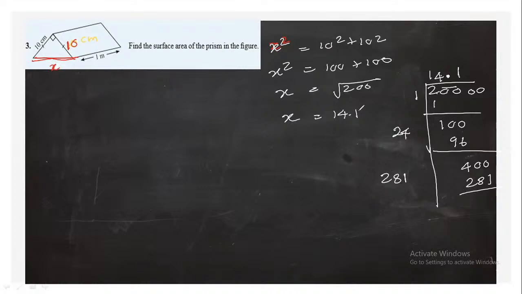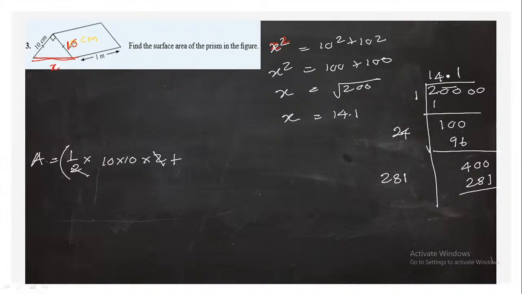14.1. Now we can find the total surface area of this. Total surface area equals half into 10 into 10. There are two triangular parts. Plus, I am not removing the back. Plus, this to this we can cancel.